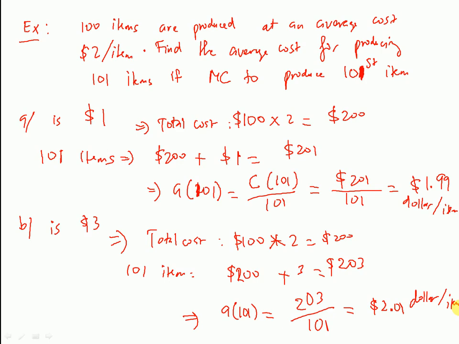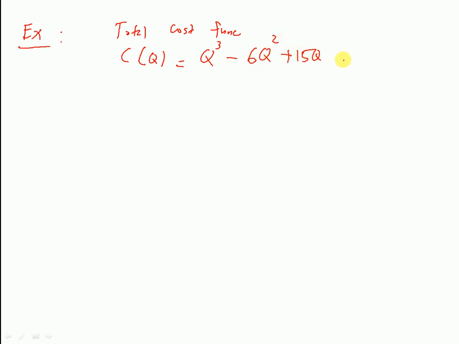Alright, so let's go to one last example for this section. Now, we are again given the total cost function to be C of Q equals Q to the third power minus 6Q squared plus 15Q, and Q is in thousands. So if Q equals 1, that means 1,000.